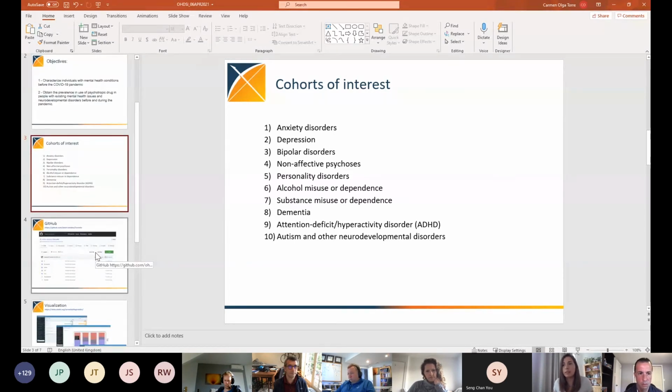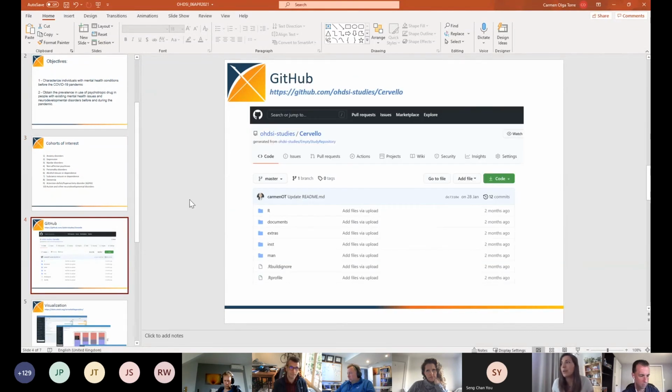So what we've done has been designing the study, discussing the study in a psychiatry work group, and using, for the first objective, the Cohort Diagnostics tool of the OHDSI, and we shared that in the OHDSI Studies repository on GitHub. And this gave data partners the possibility to join the study and to run the package on their own data.